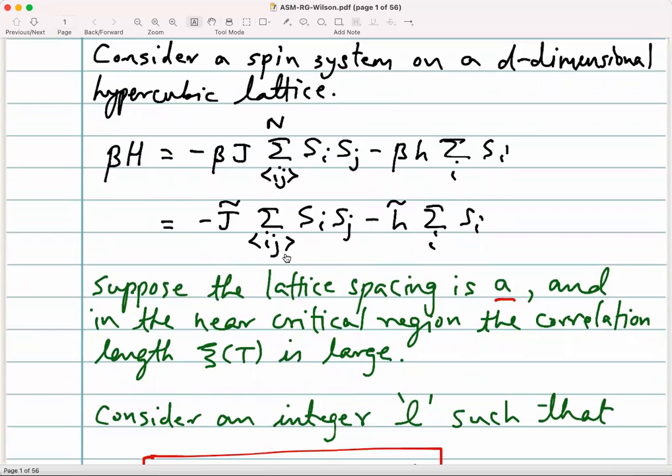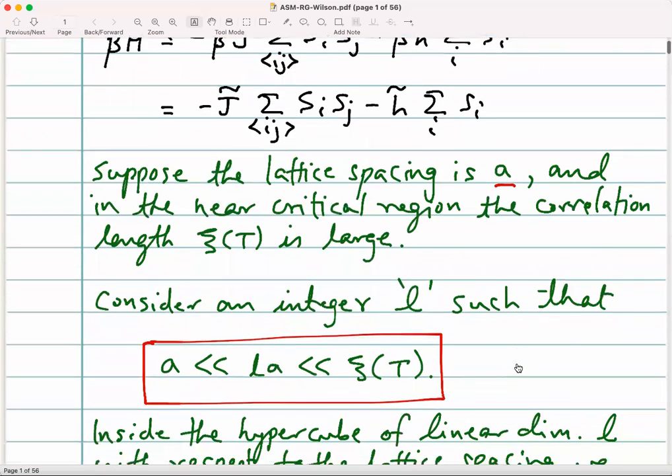Okay, and we are looking at the system in the near critical region. That means the correlation length is much larger compared to the lattice spacing. Fine. So in this setup, we want to study this system, and what we will do is pick some integer L. This integer is sufficiently large and positive, of course, but not too large either.